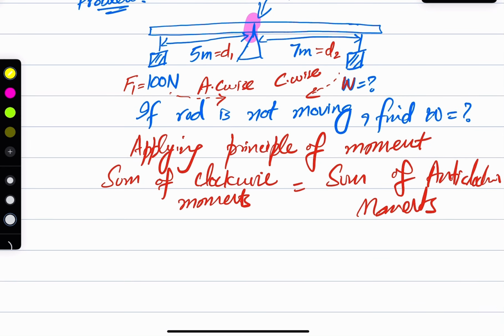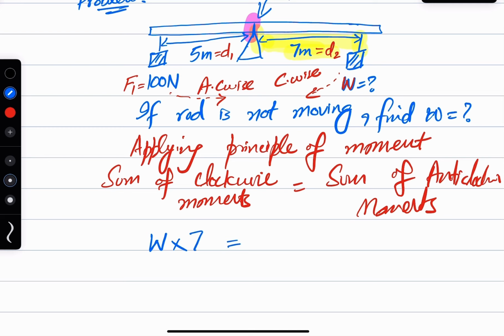For clockwise movement, the force is the weight W, and the distance of this force from the pivot point is 7, so it will be W into 7.